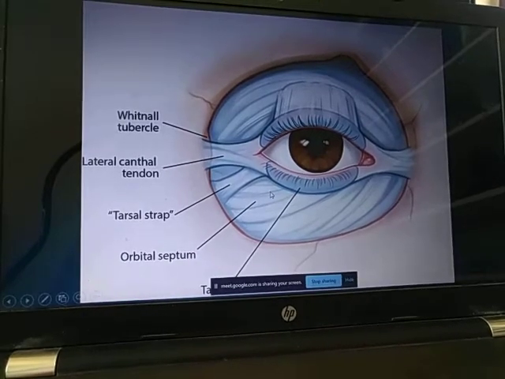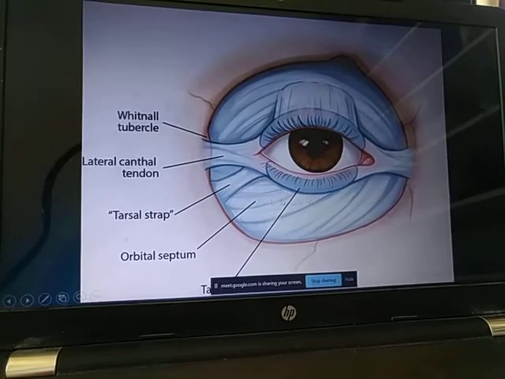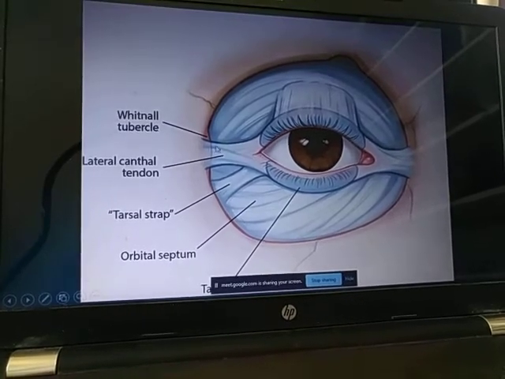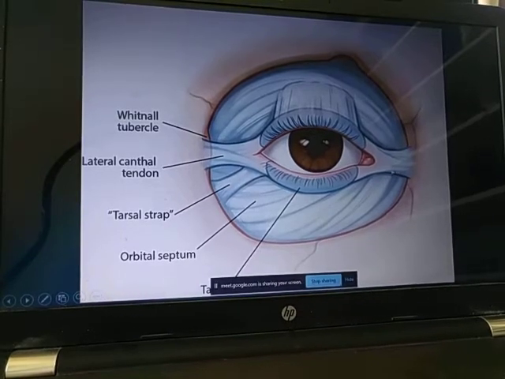As you can see, these semilunar structures are known as the tarsals. These are taut collagenous structures which help keep the eyelids in shape, and these are attached to the lateral canthal tendons and the medial canthal tendons, and these keep the eyeball inside the orbital cavity.